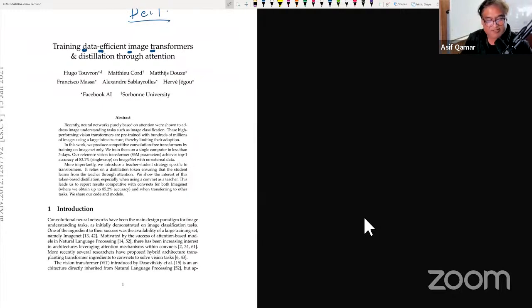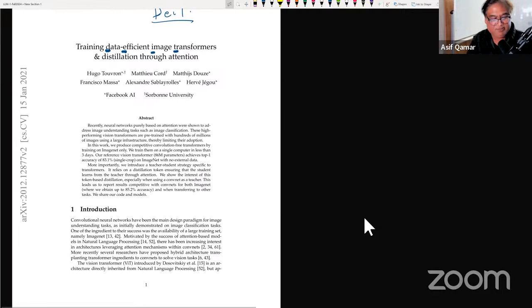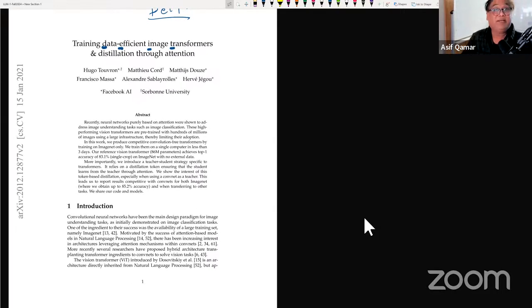Okay, let's read this introduction. It's been many years actually since I read this paper. 2021. Recent neural networks purely based on attention were shown to address image understanding tasks such as image classification. Recently, neural networks purely based on attention. Who are they referring to? DeiT. Yeah, the 16 by 16 cube.